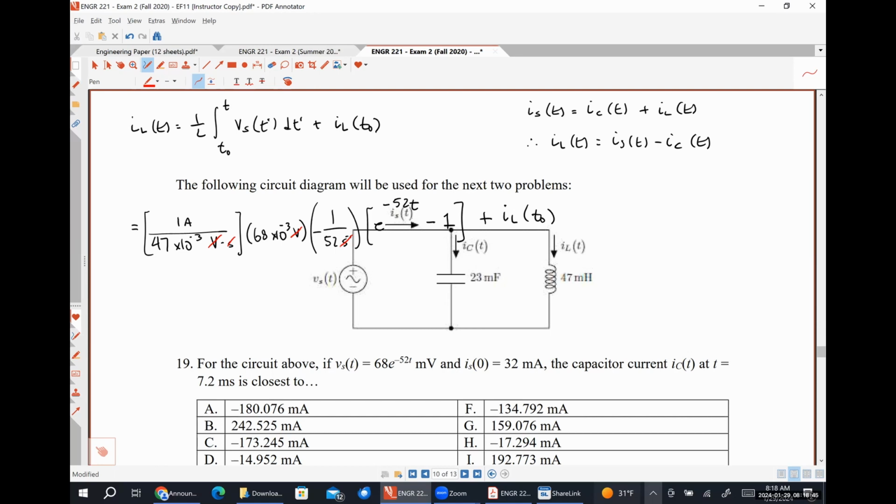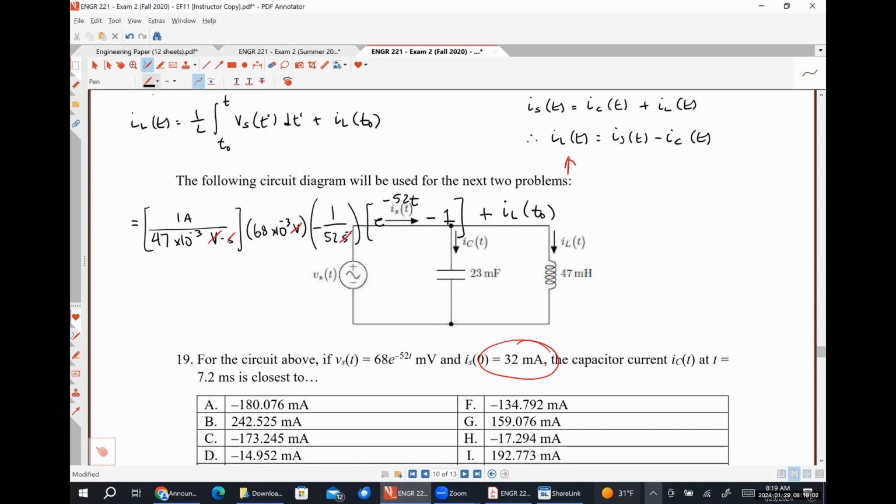So this begs the question, how do I find IL at T naught? Well, that's where this guy right here comes in. We are told specifically that IS at 0 is 32 milliamps, so now we just need to figure out IC at 0.